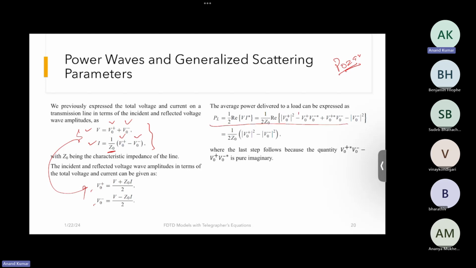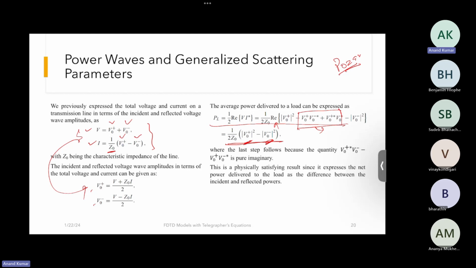Now one thing you notice is these are imaginary, and if you take the real part of this expression, these go away. What we end up with is the final result, where you can see that the total power lost is equal to the incident power minus the reflected power. This result is physically satisfying because it expresses that the net power delivered to a load is the difference between the incident and reflected powers.